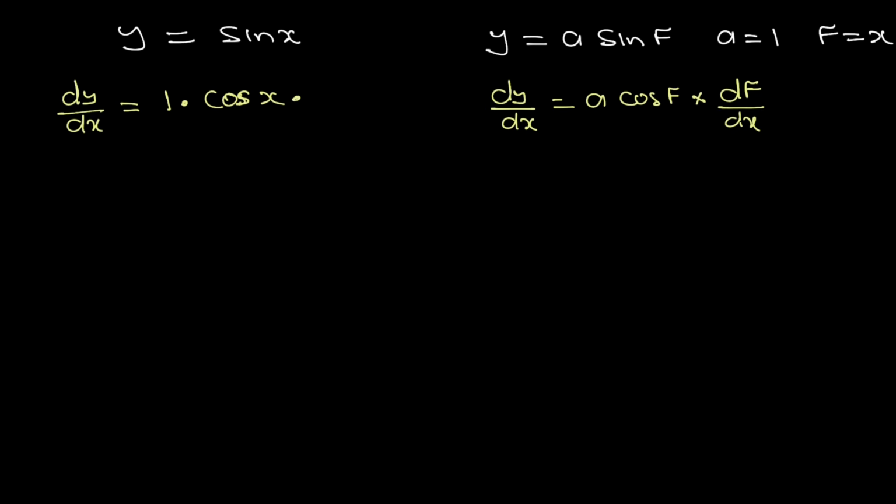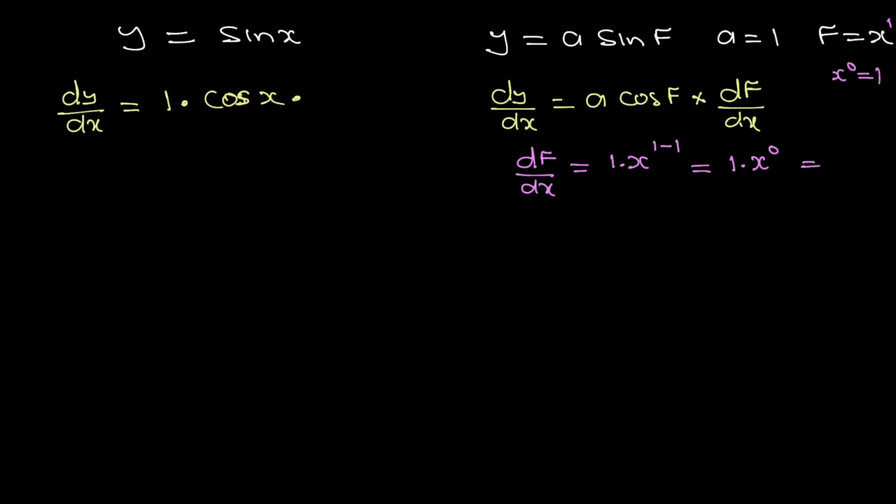Well, df/dx, I'm going to differentiate x, so it's going to be 1 times x to power 1 minus 1, because n is 1, so 1 times x to power 0, but we know x to power 0 equals 1.